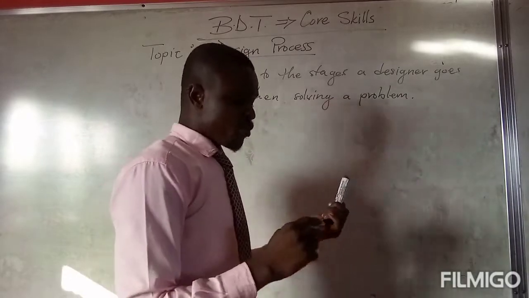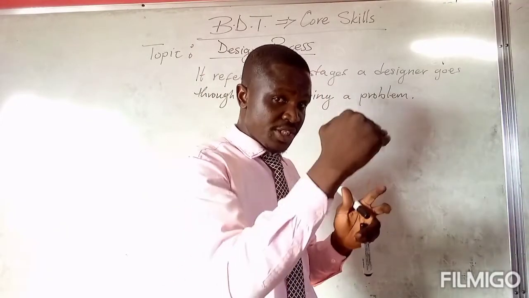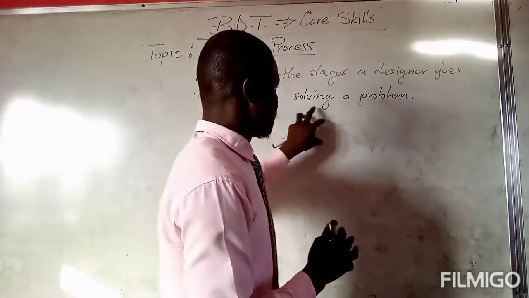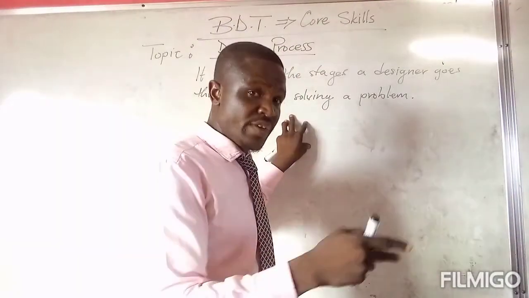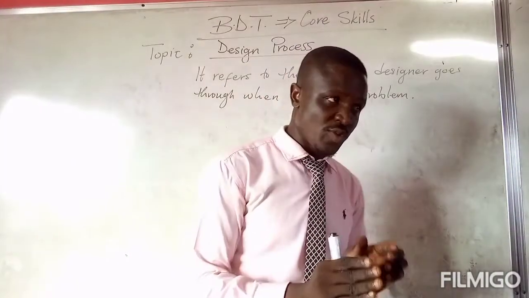Do you understand? So any stages that you will go through when solving a particular problem in a given environment is what we term as what? Design process. Do you understand?